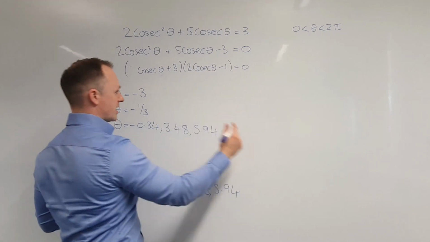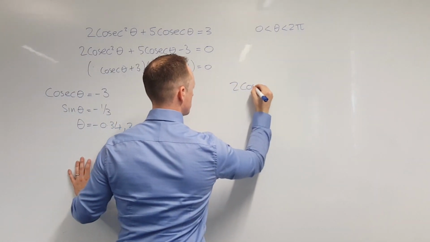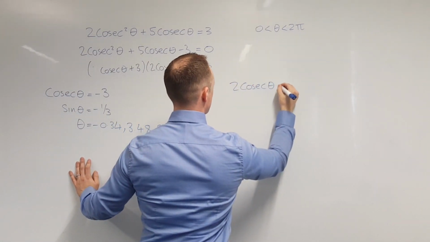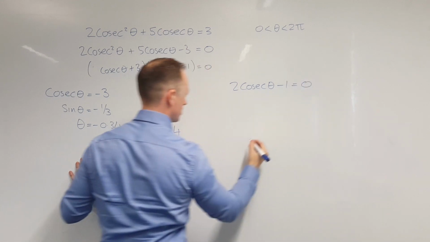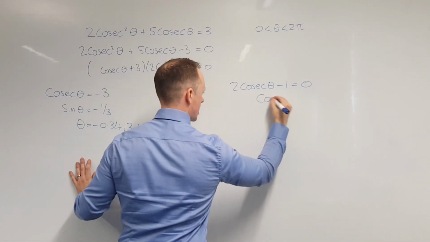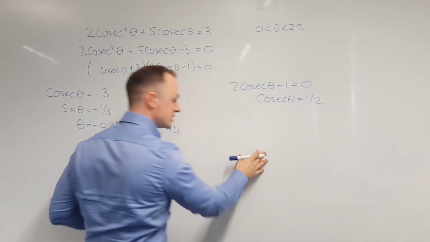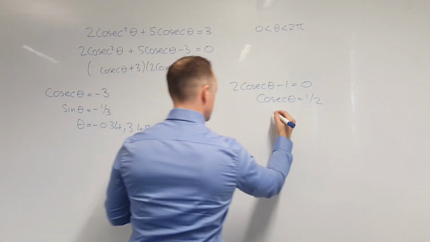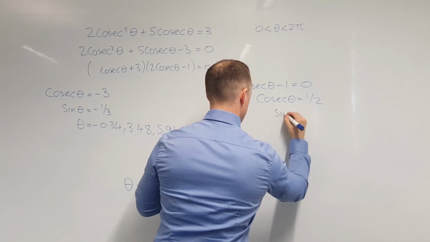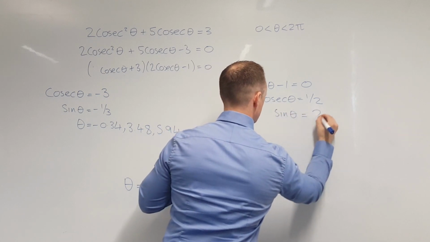So for the second bracket here, we've got 2 cosec theta minus 1 equals 0. Rearranging, we can get cosec theta equals 1/2. And taking the reciprocal of both sides is going to give us sine theta equals 2.